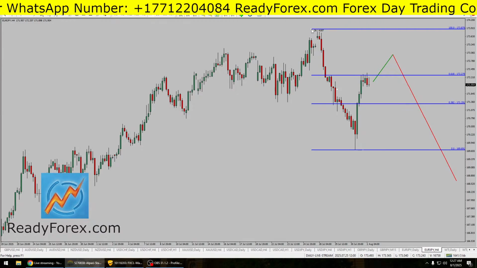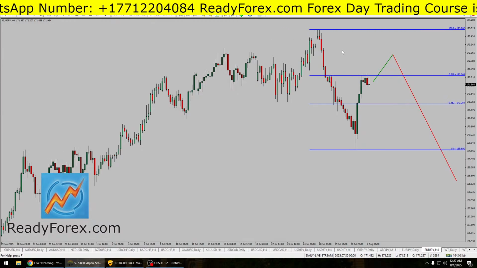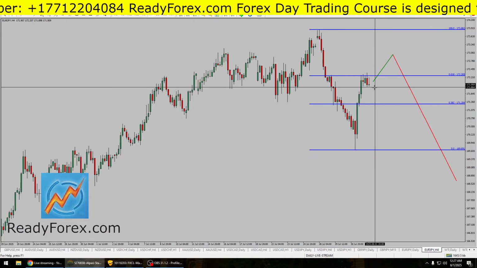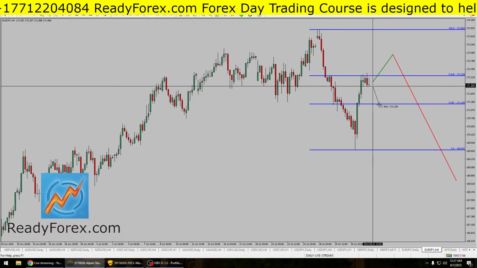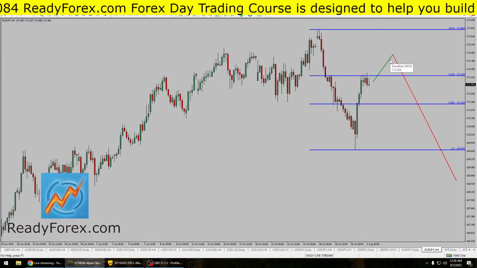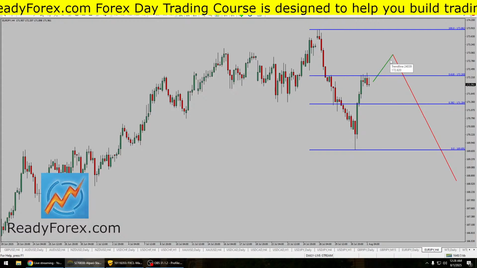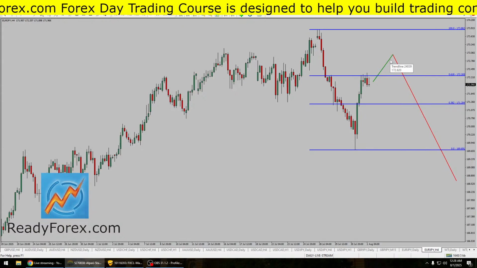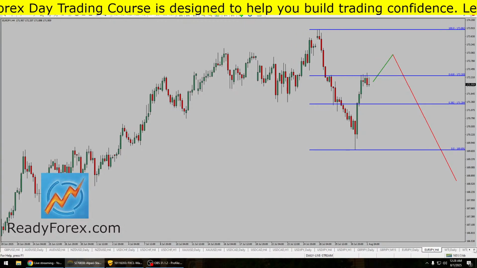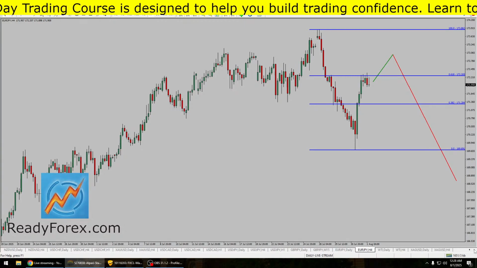Let me adjust this fib level. So the way I see euro JPY, we could get a drop, but overall we are most likely going to get a pullback, a bullish leg to the upside first, and then the chances are high that price action is going to start the decline in the euro JPY currency pair.